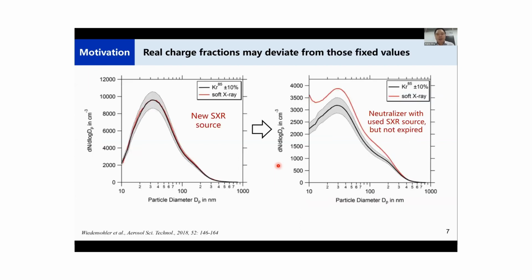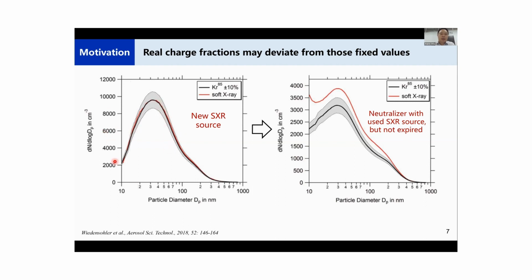However, as we know, if we look at different conditions, the charge fraction can vary. There have been many studies showing that the charge fractions are off from those fixed values. Here I give an example from a group led by Dr. Ali Wieden-Solar, where, when they do atmospheric measurement, they tested both krypton-85 as the ionization source and also soft X-ray as the source. When the sources are new, they appear to agree with each other pretty well.